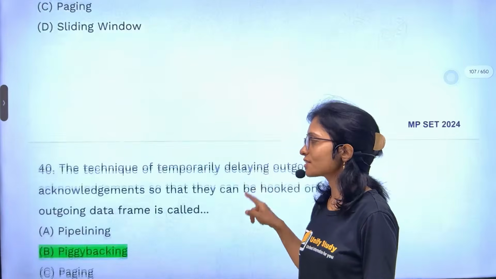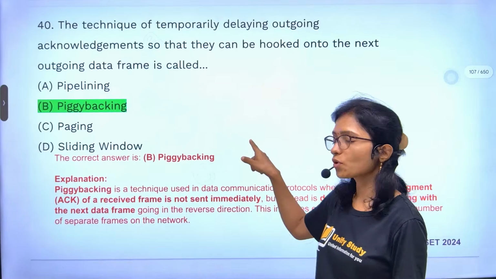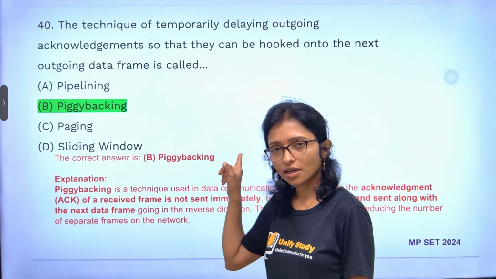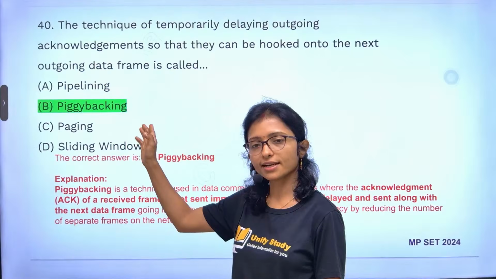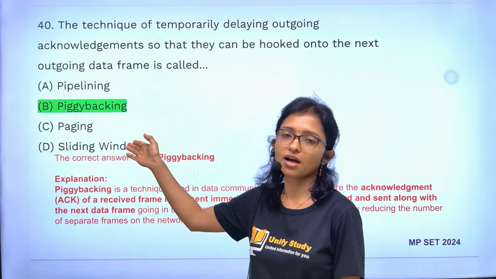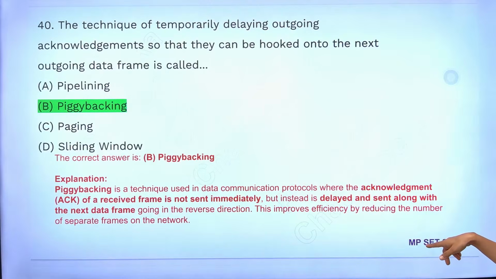Answer, yes. This is piggybacking. Same concept we saw in KSET also, CGSET also, all SET exams, even UGC NET also they ask. Same area, same question. This is the piggybacking technique, right?